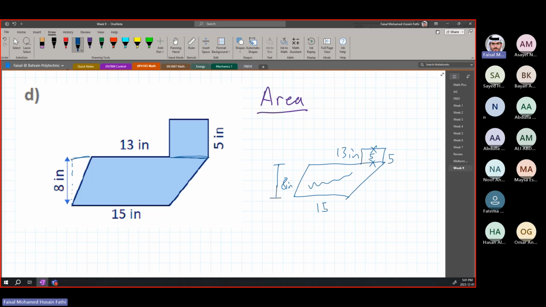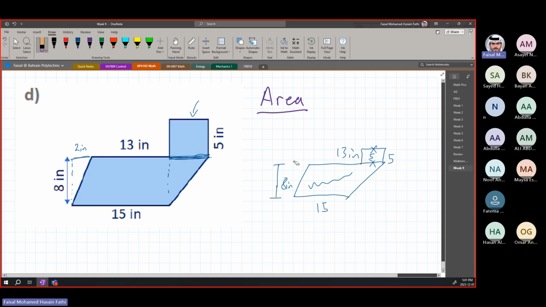So it cannot be a parallelogram, because this is 2 inches. That's right, because it's shifting 2 inches to the right. From here to here is the full 15, so here only 13 remains. So on this side, it's much more than 2 inches. So I'm going to assume that this is just a square. This is an assumption I am making because the picture is not clear and they didn't give us enough information.